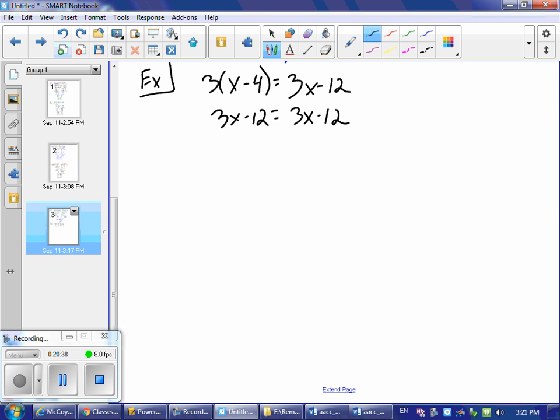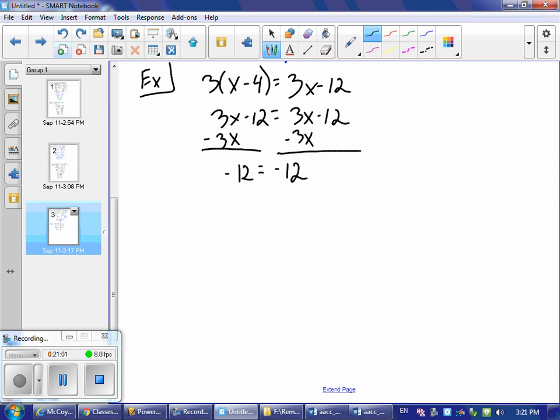Okay, well, we can still go through the same process. You might be able to see what's going to happen here. If I combine all my x's, I can subtract 3x on both sides, and I end up with, on the left-hand side, negative 12, and on the right-hand side, negative 12.